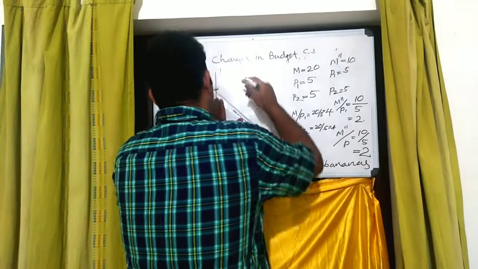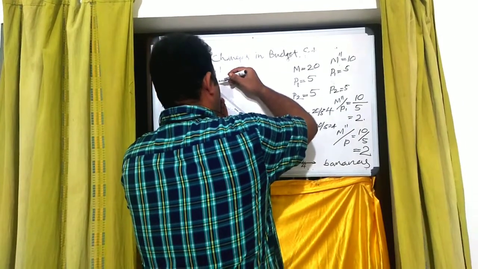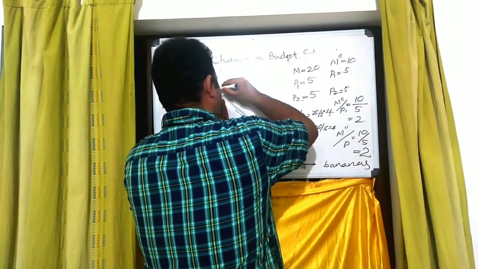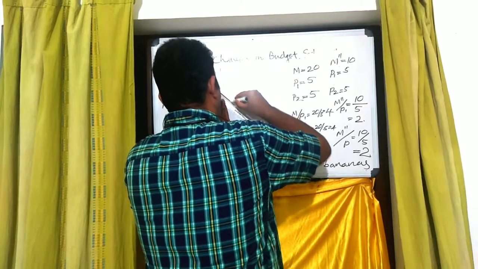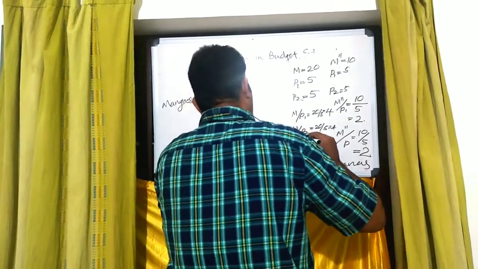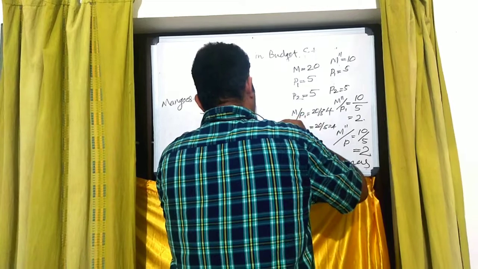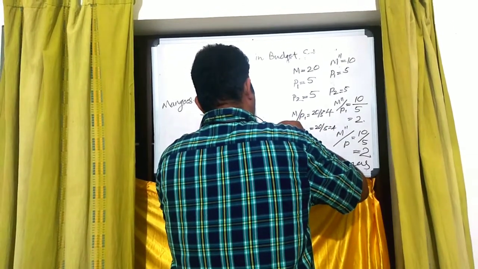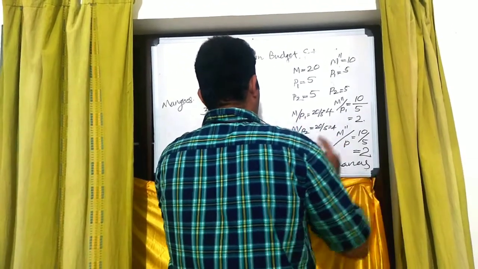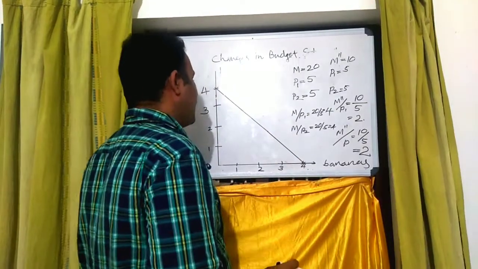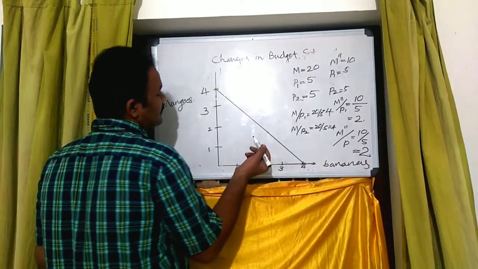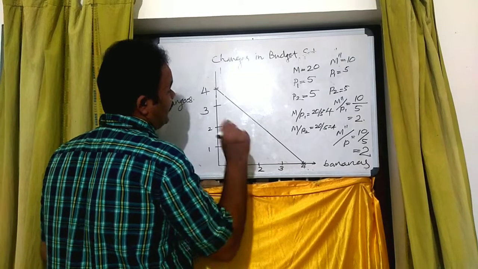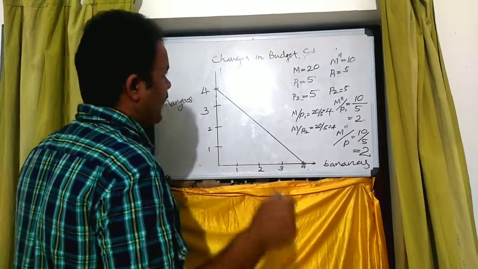By joining these points, we get the line that is our initial budget line.